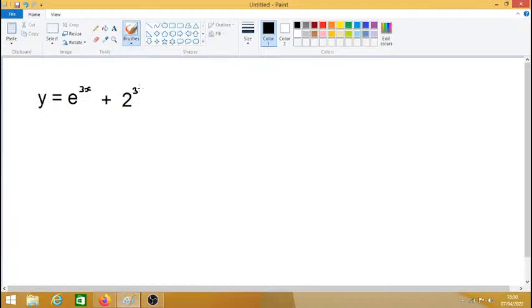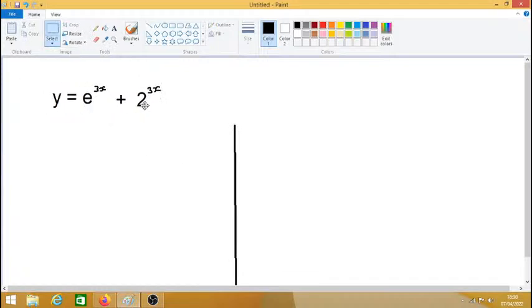So think of everything you've learned so far, and let's see if you can apply that. Firstly, notice that there's a plus in between, so that means we can treat each one separately. If I divide the screen into two, on one side I can work on the e to the 3x term, and on the other side the 2 to the 3x term, and then we could just add the answers together.